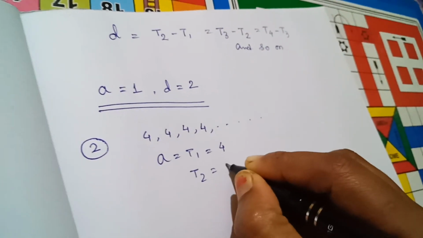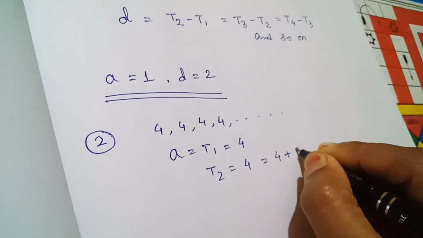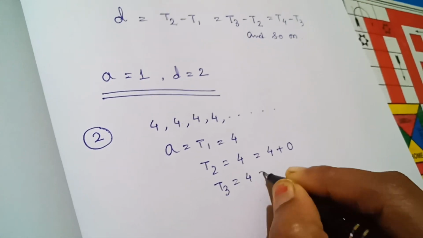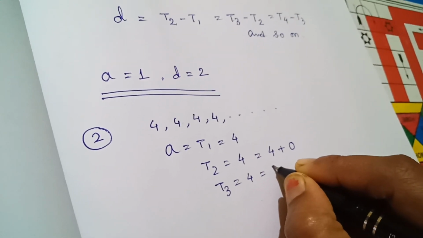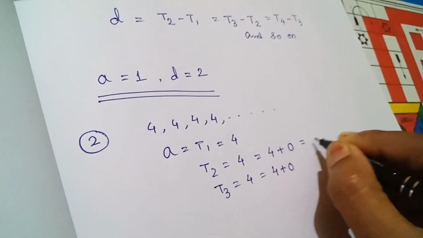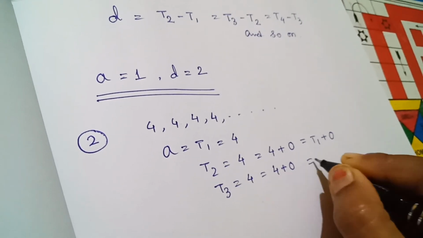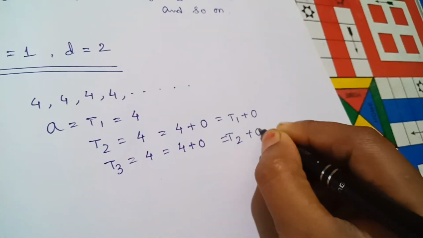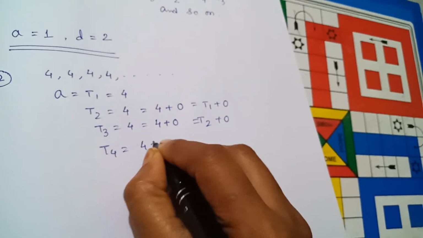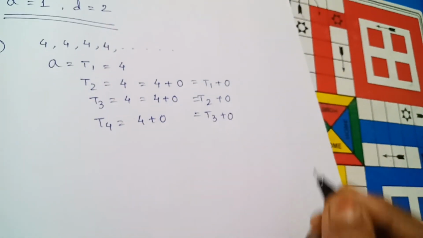T2 equals 4, we can write it as 4 plus 0. T3 equals 4, we can write it as again 4 plus 0. Now this T2 we are writing as T1 plus 0. This 4 we are writing as T2 plus 0, and T4 equals again 4 plus 0, so we can write it as T3 plus 0.